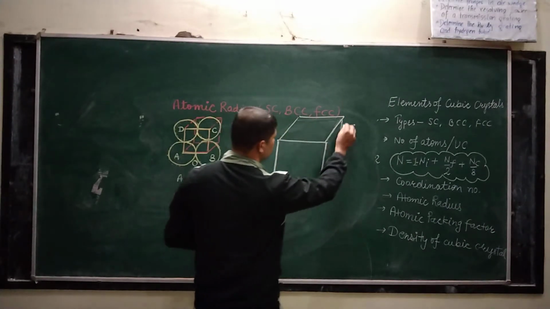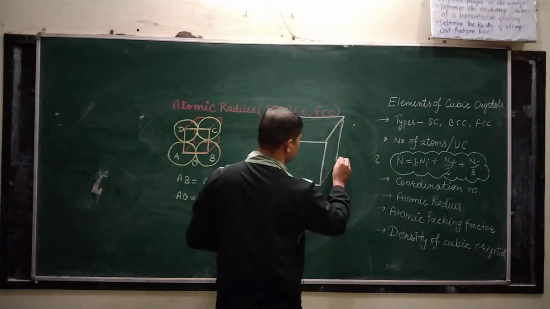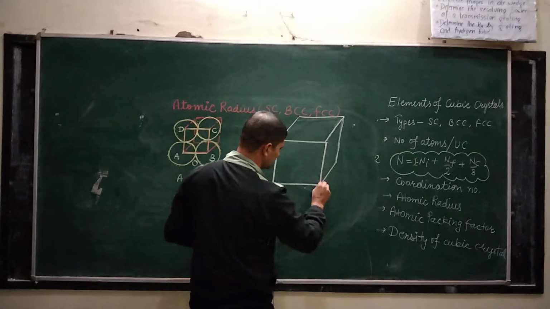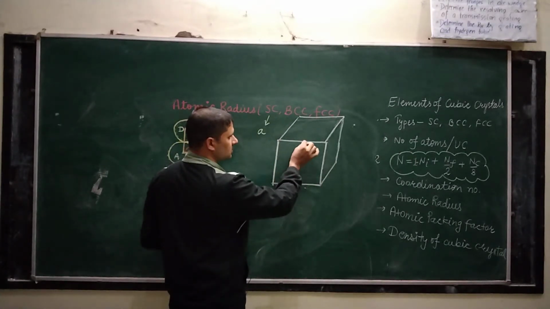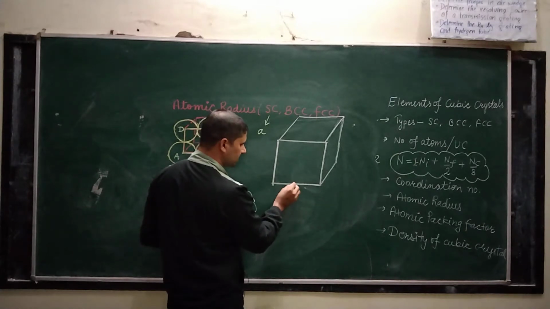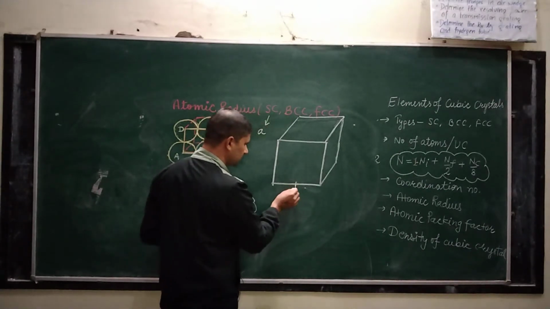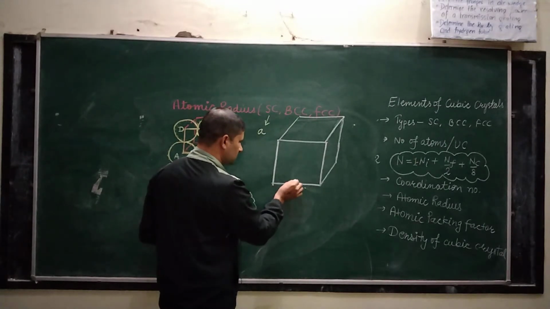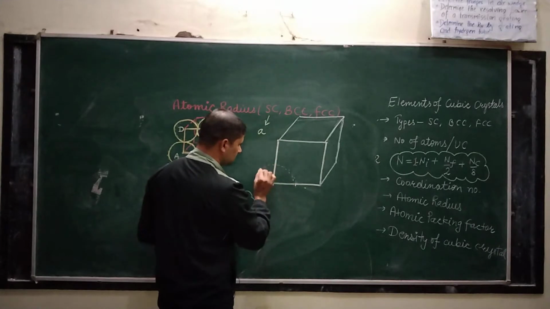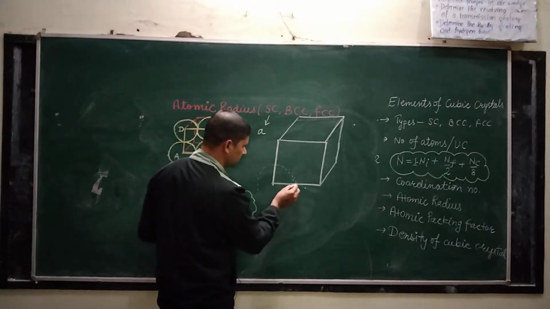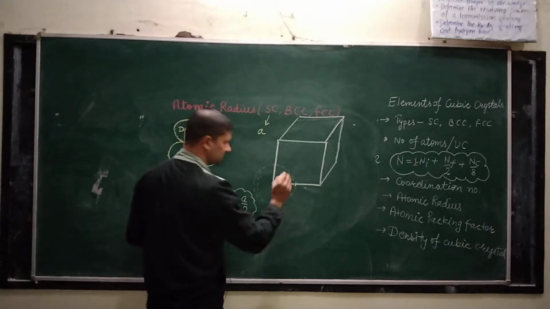This is BCC, a simple cubic, and we have a particle here at the corner. One particle is present at the corner and this is the center, and this is one of the particles which is represented by this circle.